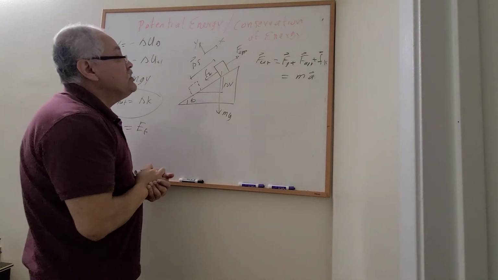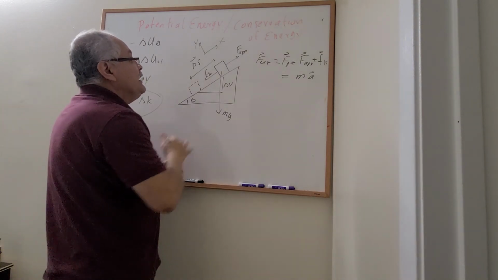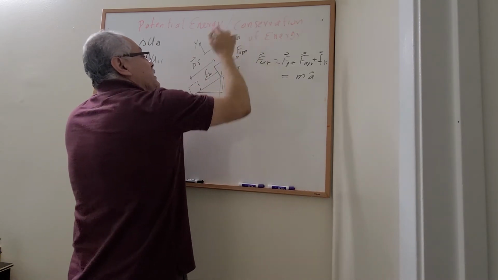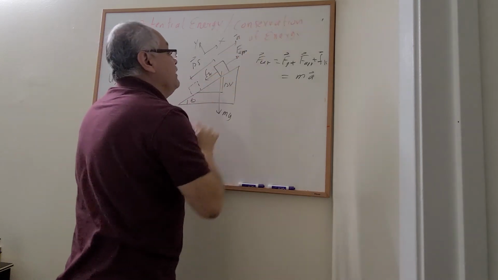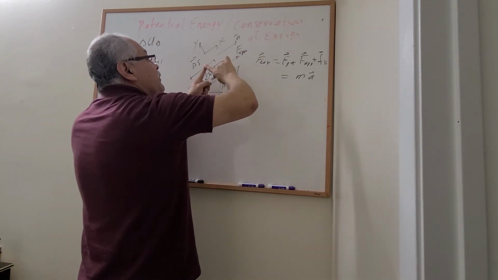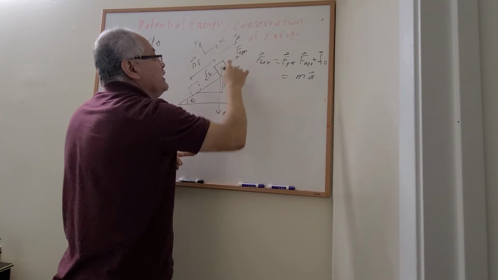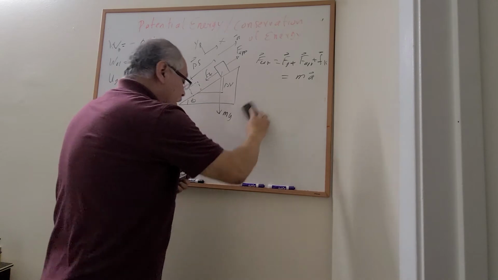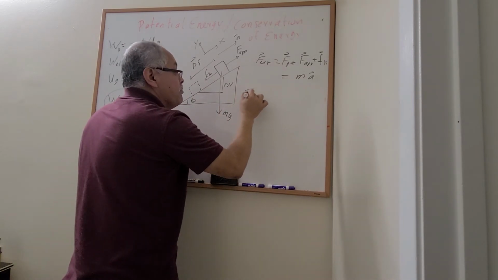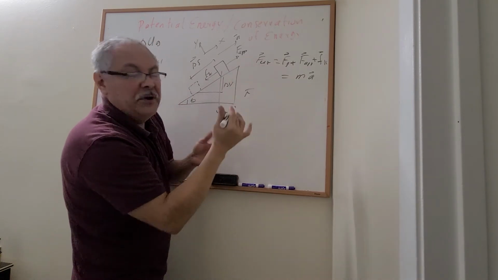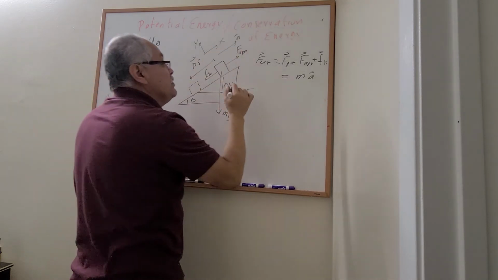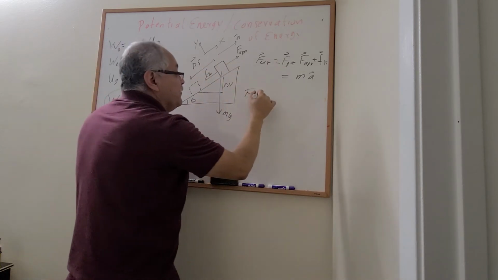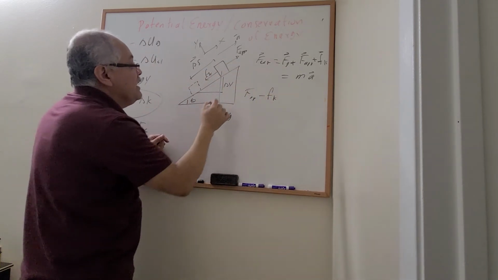Okay, now what should be the equation in this direction? Well, the motion is in this direction, and so is the acceleration. Let's take this as our positive direction. So what do we have in the positive direction? The applied force. Let's use components. The applied force is in the x direction, positive, minus friction, minus this component.